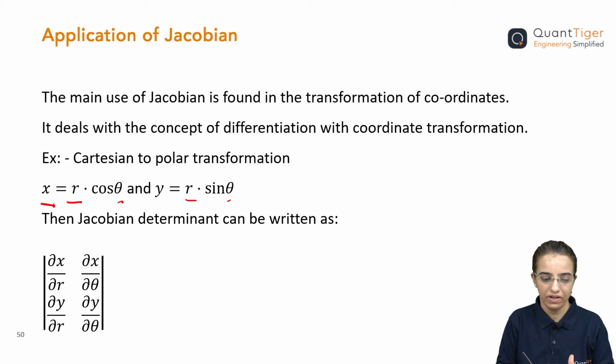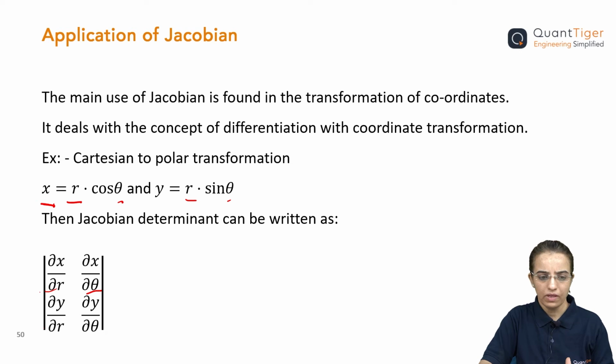Since r and theta are variables, we differentiated x with respect to r and with respect to theta. Same goes with y, which is also a function of r and theta, so we differentiated with respect to r and theta, and we found the Jacobian determinant for it. So this is one of the applications of the Jacobian.